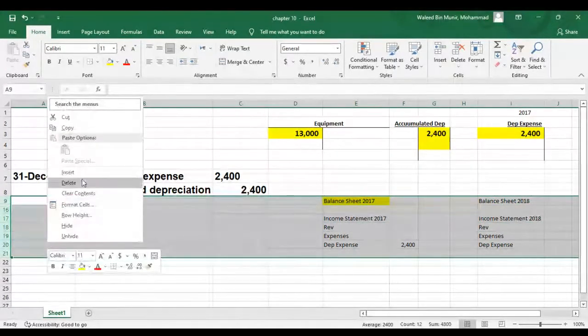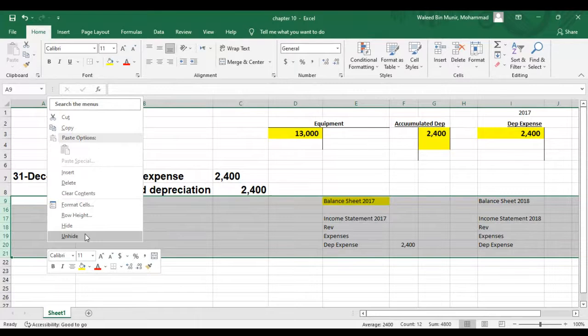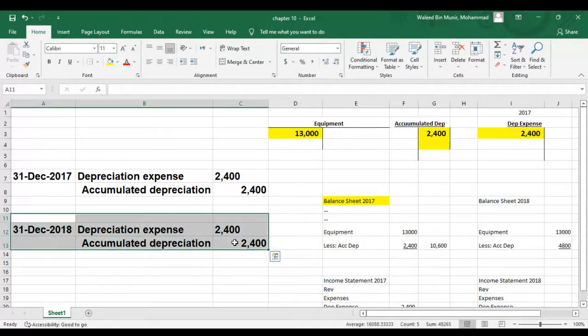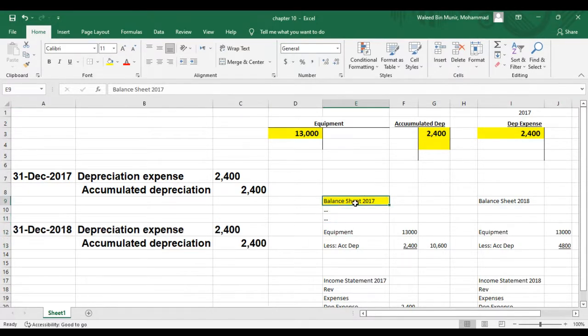Let me show you my balance sheet. See, this. Just don't consider this entry now. Now this is my balance sheet for 2017 where you put different assets. We don't have information on the others. One of the assets is equipment. This is how you put it. Equipment is 13,000 at cost.